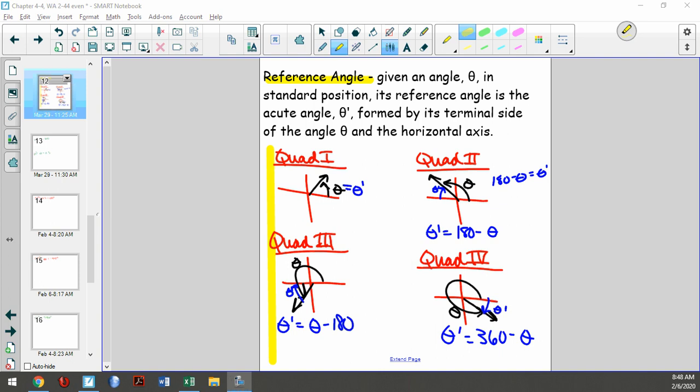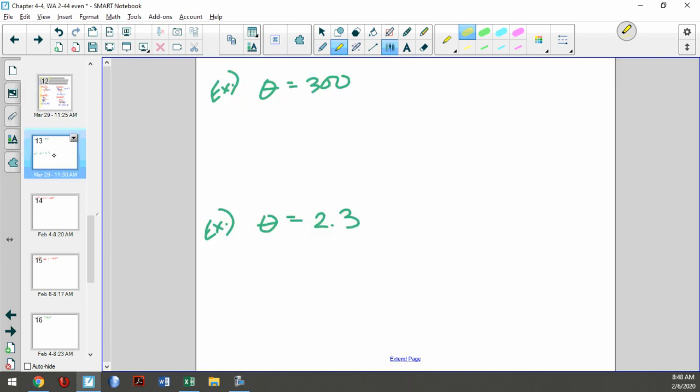Now, it's kind of wonky until you do it. If it is given to you in radian mode, it is super easy. If it's given to you in degree mode, you've got to think a little bit. Okay? You ready? So, an example. I give you 300 degrees. What quadrant is 300 degrees in?